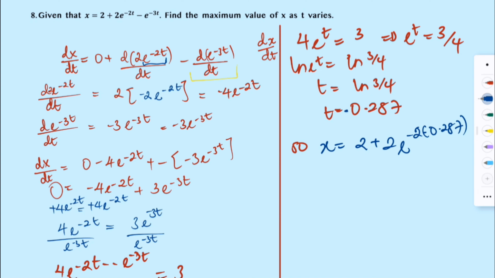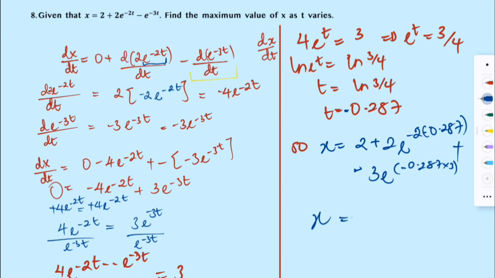When you do a natural log of a number less than 1, you should get negative, so this is supposed to be minus, pardon me, plus negative 3e to the power negative 0.287 times 3. Okay, so you can actually work that out with the calculator.